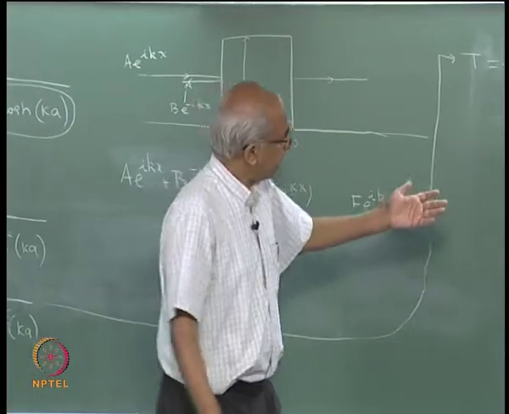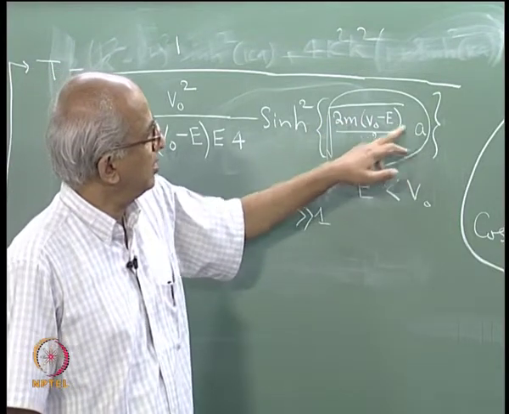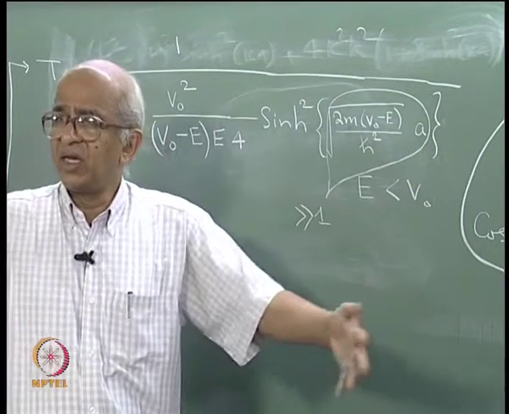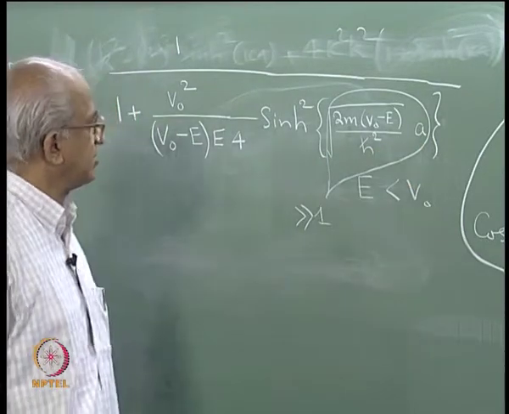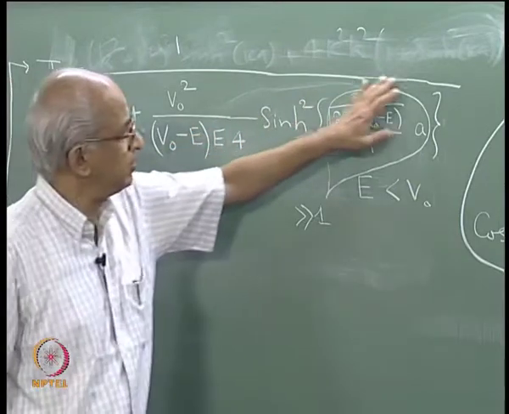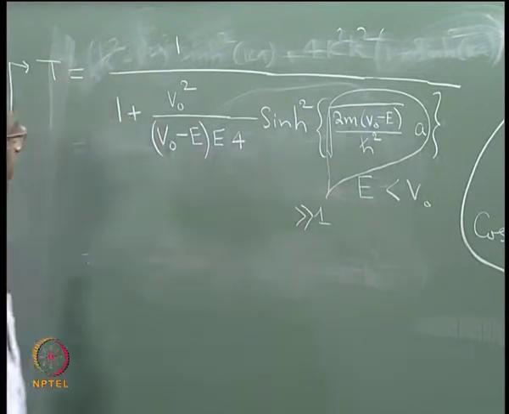In order for that to happen, you see, either mass has to be large or the barrier height has to be large or the width of the barrier has to be large. If one of these things is satisfied, so that this net term is much larger than 1, then you can see what is going to happen.